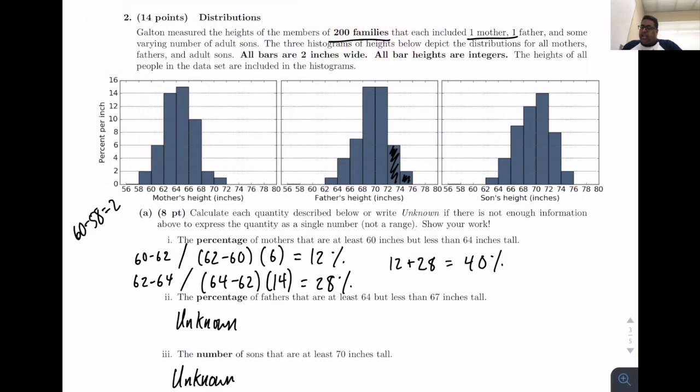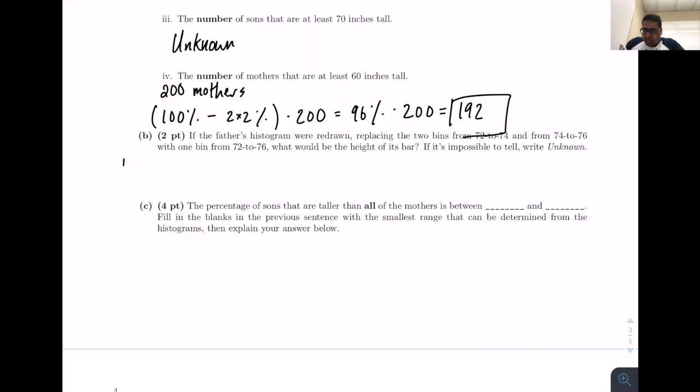So it turns out that we can indeed find out the height, right? And so first, to find that height, we know the width of our new bin, right, which will be 76 minus 72, which is 4, which we can write down here, new width. 76 minus 72 is equal to 4.